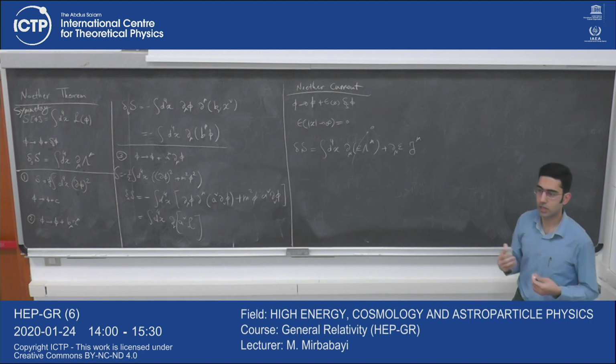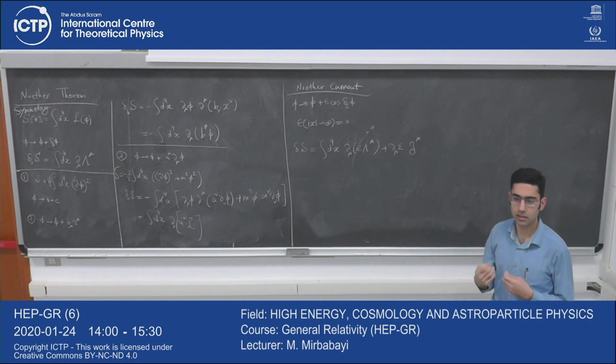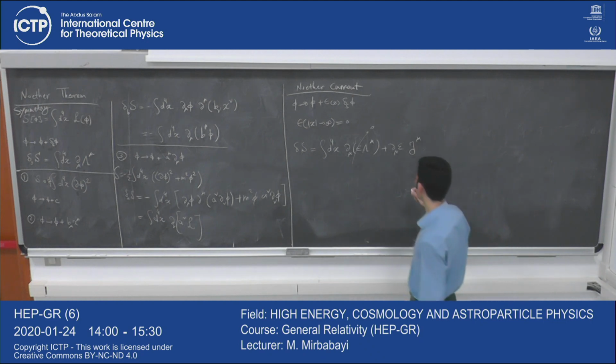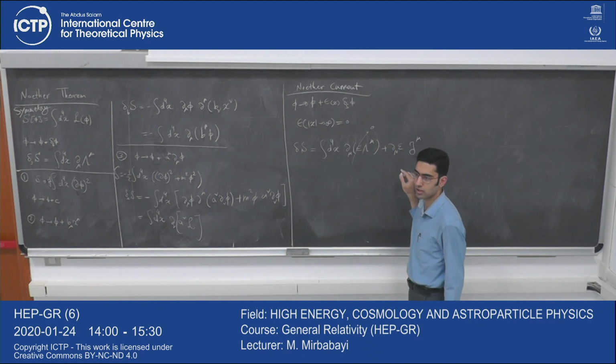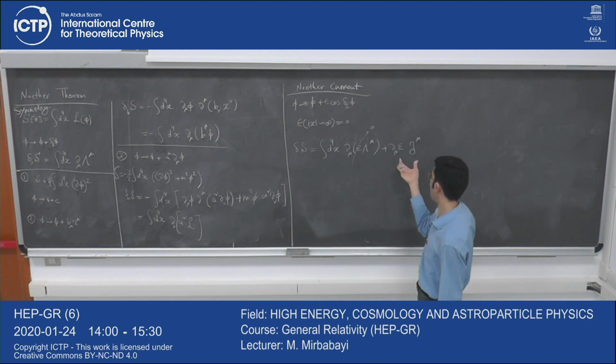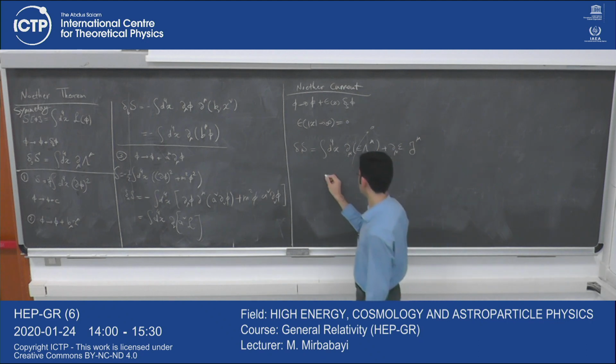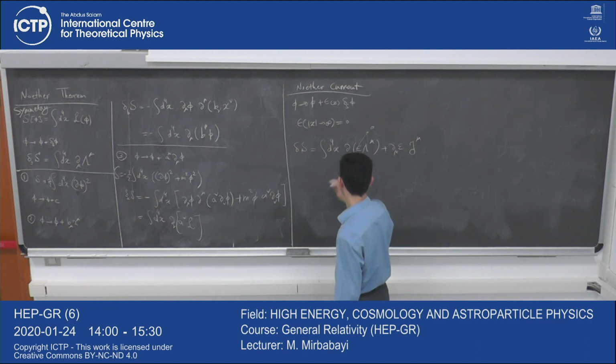And we know that the action is stationary under arbitrary variations when the equations of motion are satisfied. So when the equations of motion are satisfied, the variation of the action has to be 0. Again I can do an integration by parts here.